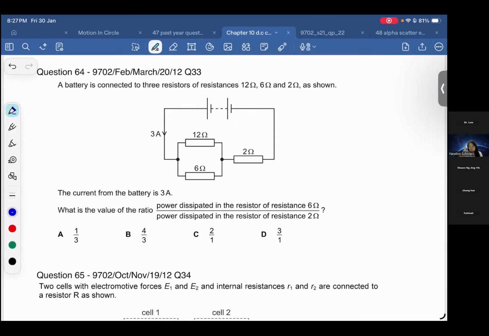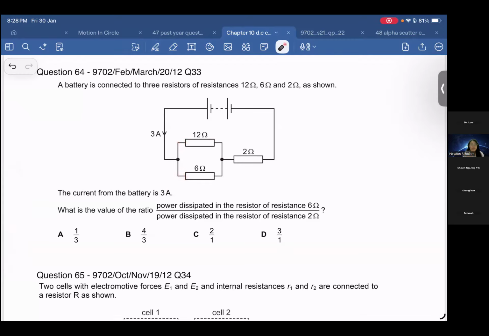No, try again. The most important thing is, do you have some sense? Actually, we need some sense here. You see, this is 6 ohm. Here is 12 ohm.